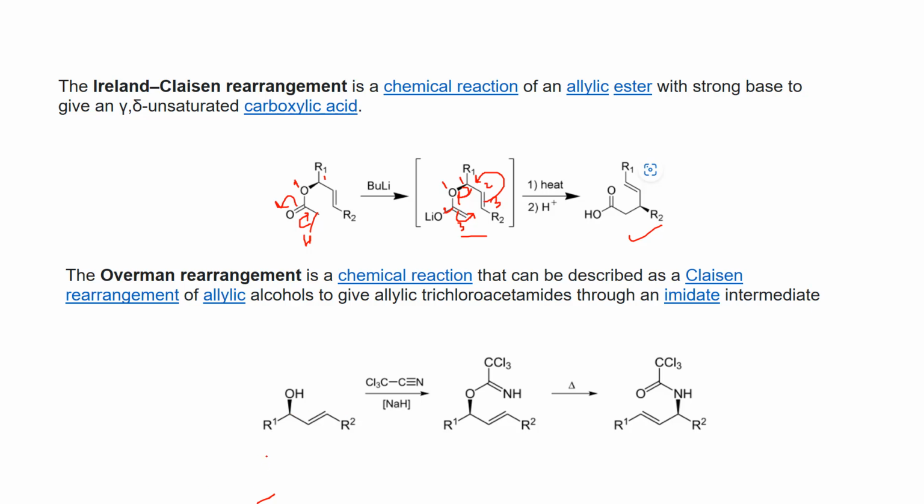So if you treat this allylic alcohol with trichloroacetonitrile to form this allylic trichloroacetimidate, then this base will take up a proton from here, then O- will attack at this position. It will open up. Now it looks like a 1,5-diene.